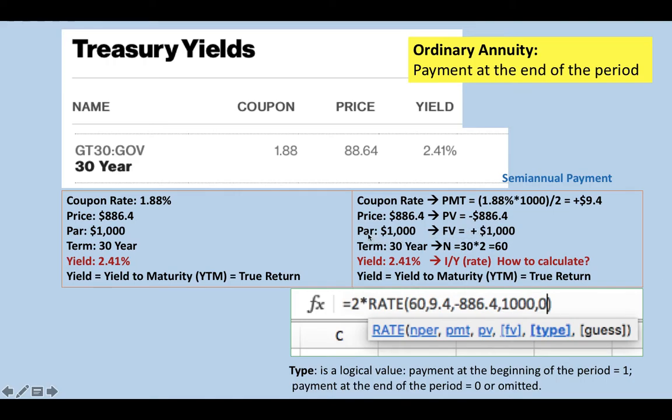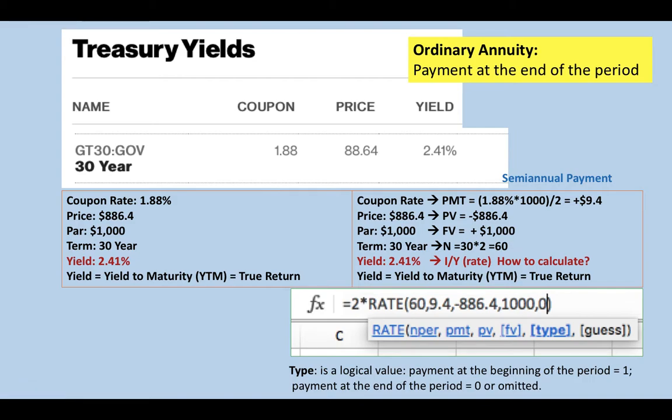In the future, the bond pays you a semi-annual coupon, and at the end of the 30 years, which is the maturity, you will receive $1,000, the return of your principal.